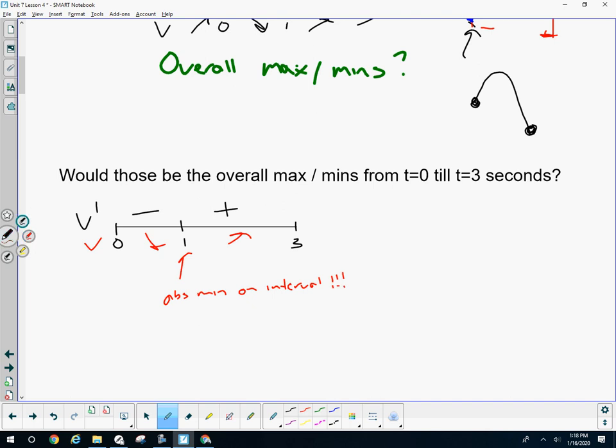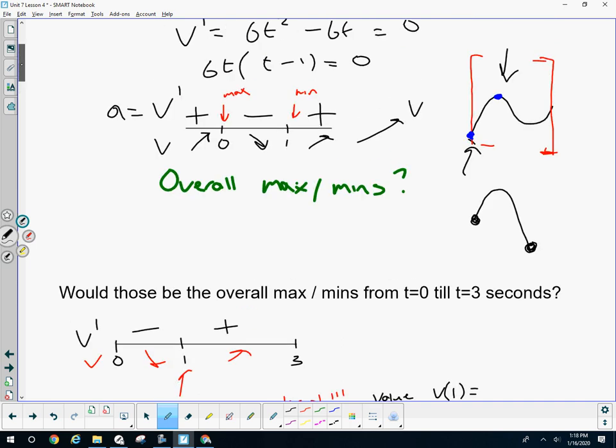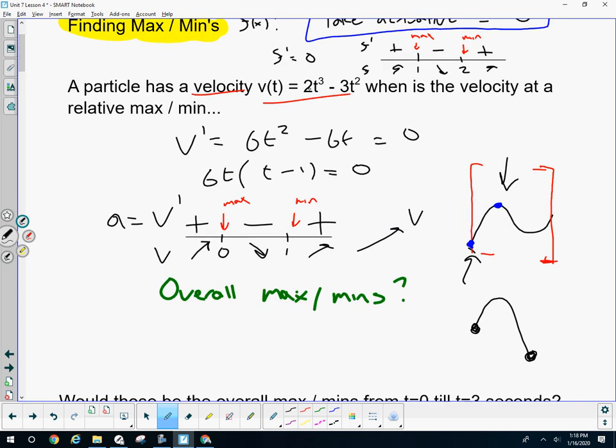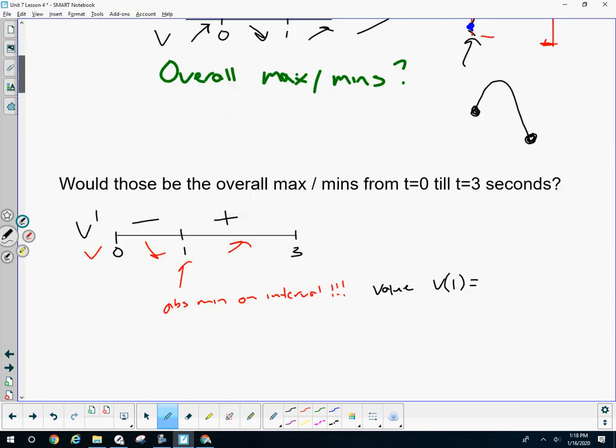I can go ahead and find that value if I want. The absolute minimum value, you would take 1 and plug it into V, not into V prime, because V prime at 1 is going to be 0, but plugged into V, I get 2 minus 3, which is negative 1.